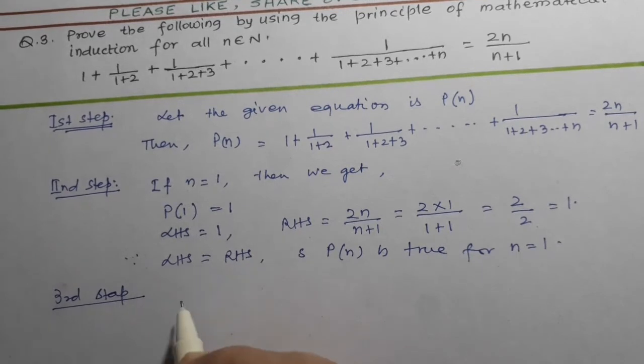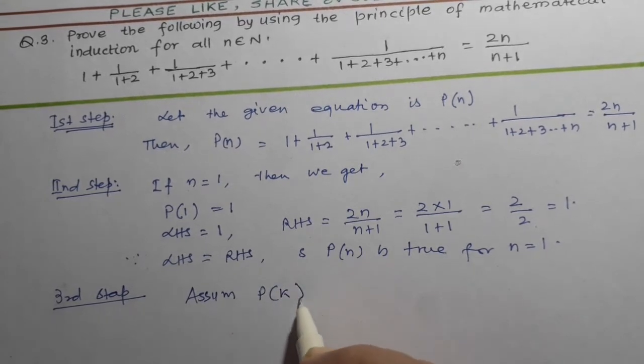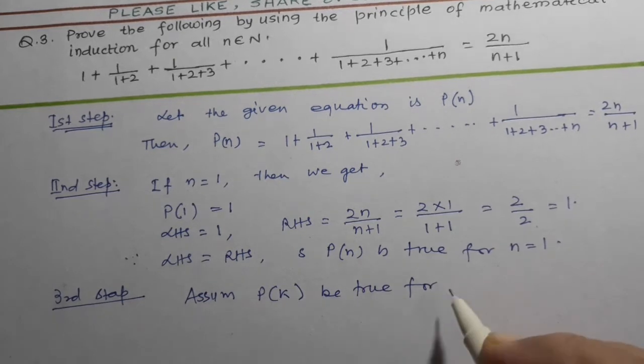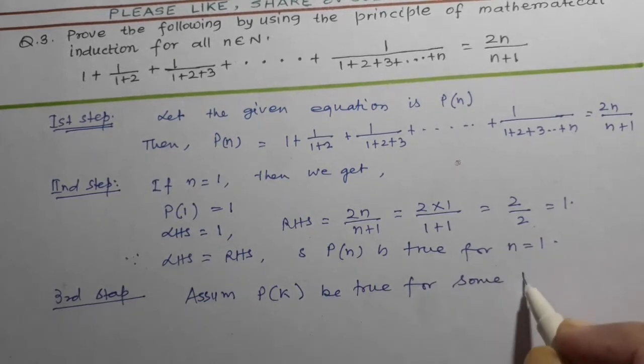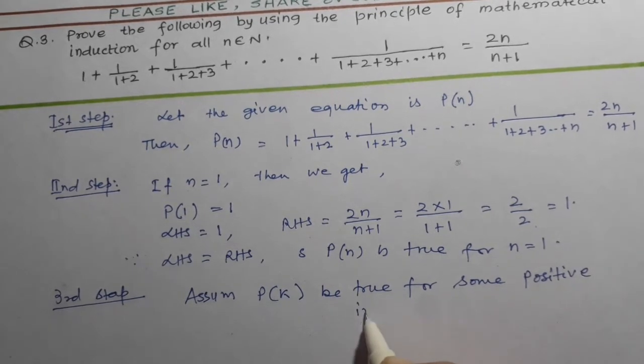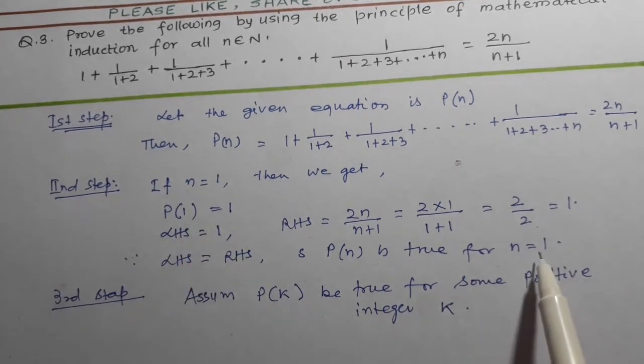And third step, we shall assume P(k) be true for some positive integer k. Right? k is a positive integer. So for 1 it is already proved. For k we are assuming that it will be true.